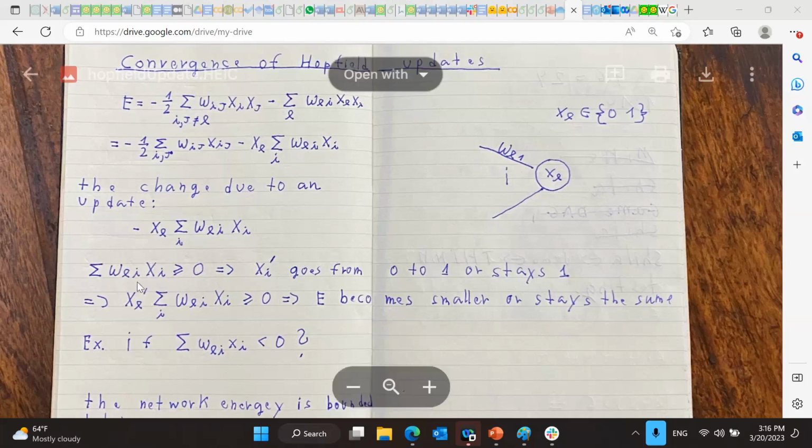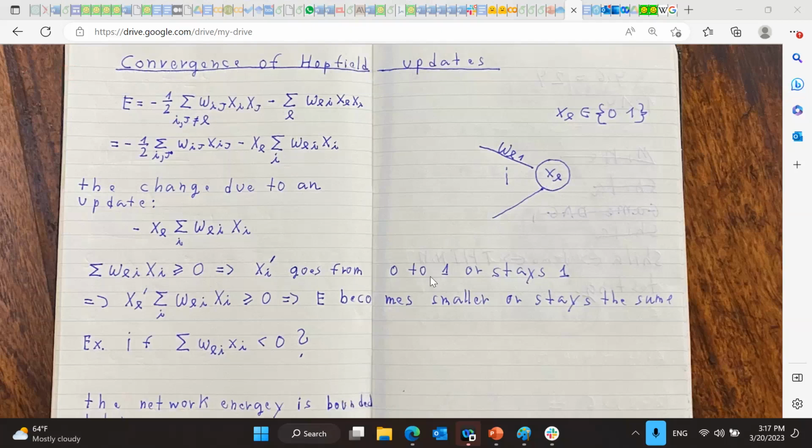So there are two cases to consider. One is that the sense at the entrance to the neuron I'm focusing on is bigger or equal to 0. Sorry, if this is strictly bigger than 0, then it will go to 1.